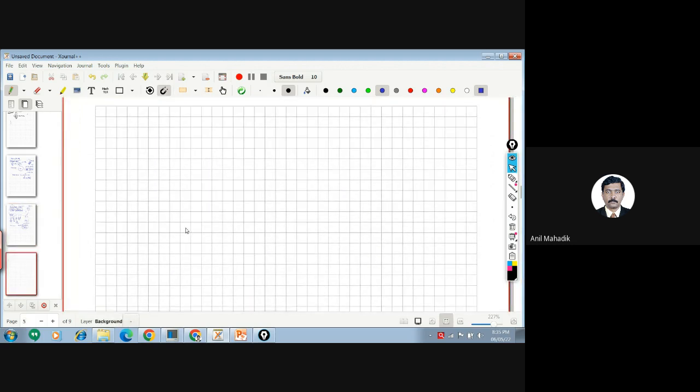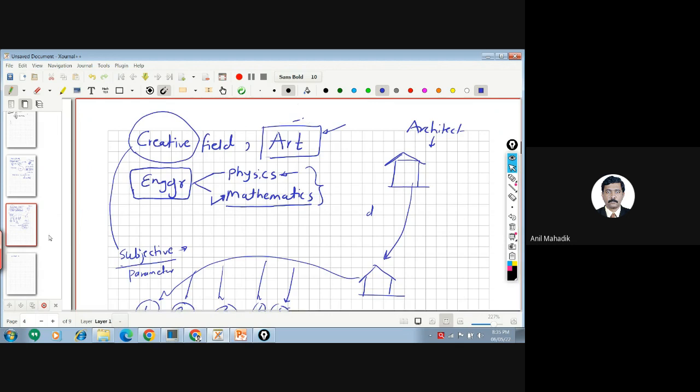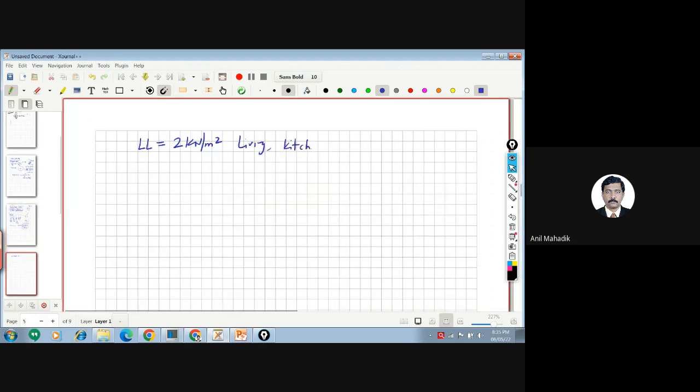So do you know, whenever we assume live load, the code is giving live load 2 kilonewton per square meter for living room, kitchen. How has the code got this number?